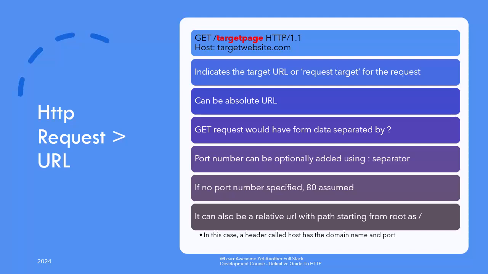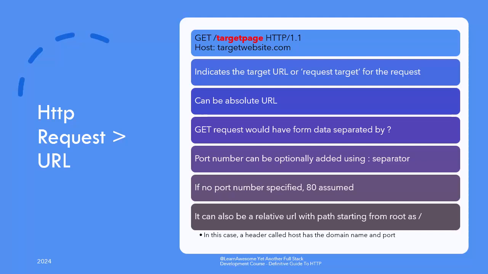In the example specified on top of the slide, we are requesting a web page called targetpage.html via something called a GET request. So we specified a partial URL in request line, meaning path to web page from root of the path, or for Windows users, say from C drive but missing the C colon backslash part.